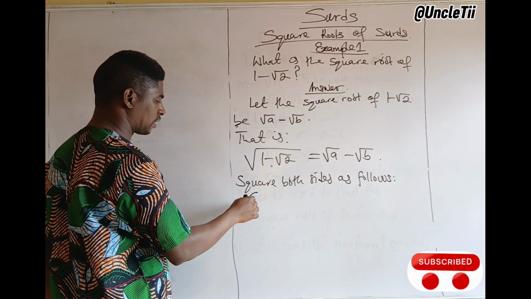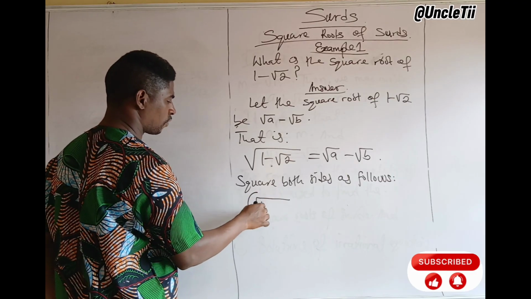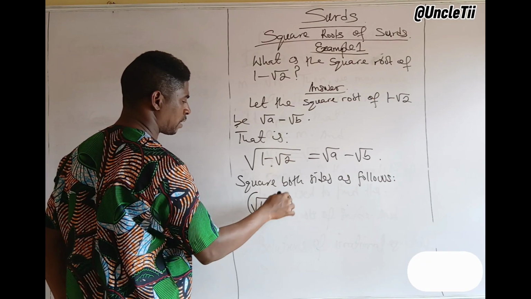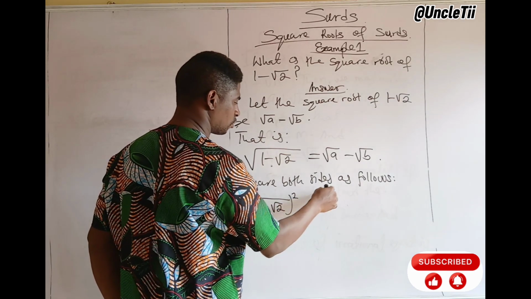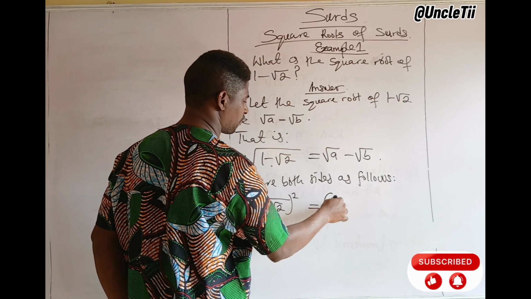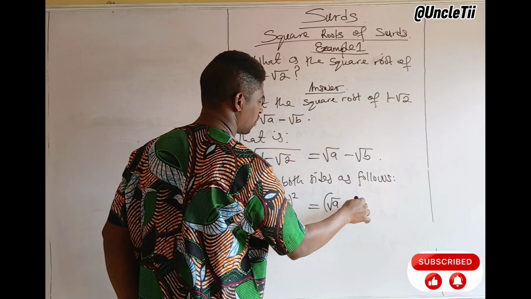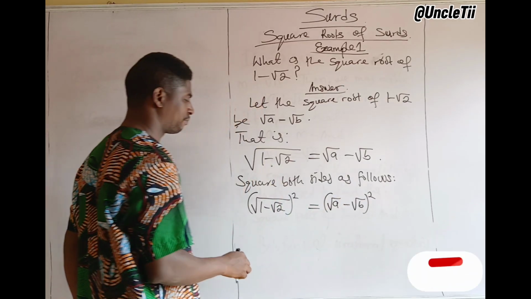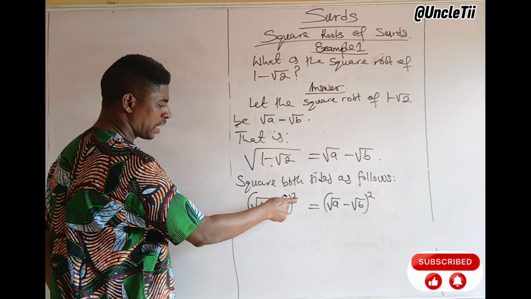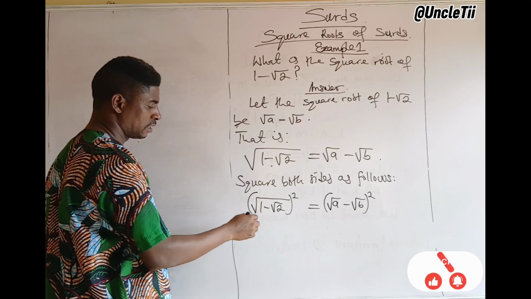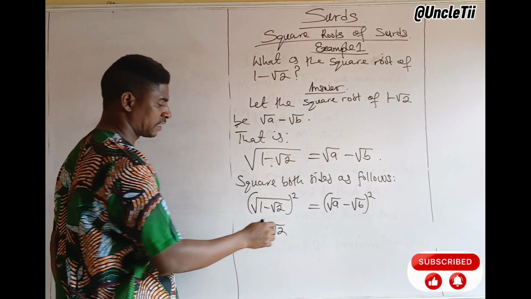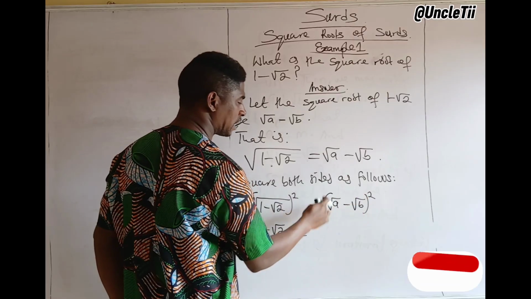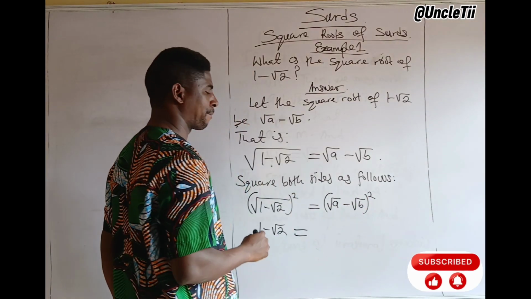So you have bracket opens, square root of 1 minus root 2, bracket closes, square, is equal to bracket opens, square root of A minus square root of B, bracket closes, square. The square will cancel the square root, leaving us with 1 minus root 2 on the left hand side. On the right hand side, this is a perfect square.